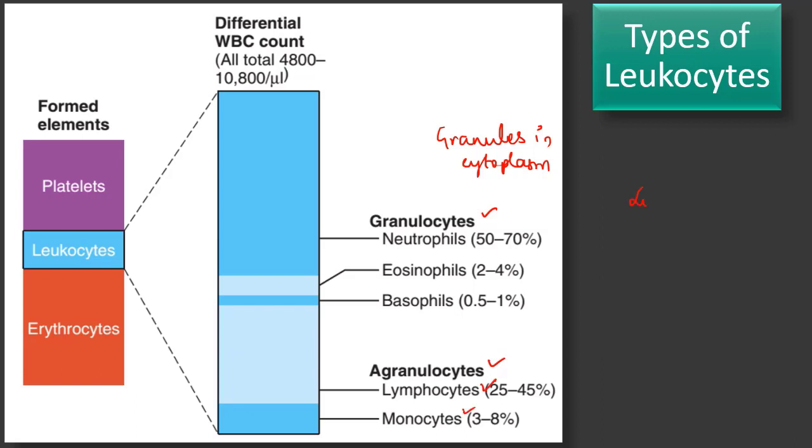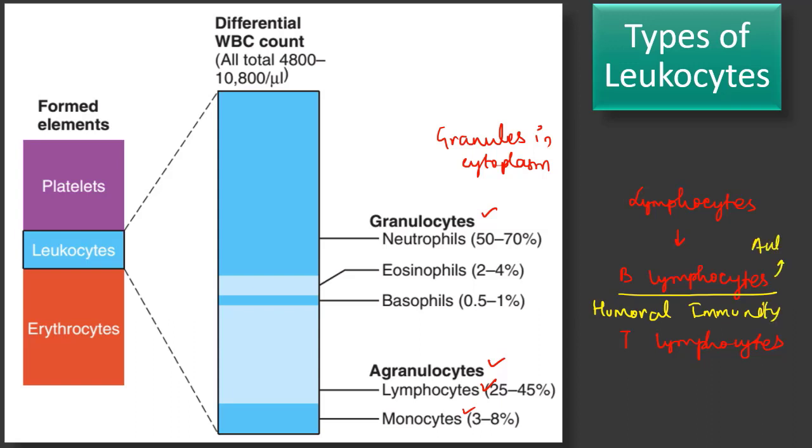The lymphocytes are again of two types: the B lymphocytes, also known as B cells, and the T lymphocytes, also known as T cells. The B lymphocytes play a very important role in humoral immunity, and they produce antibodies.